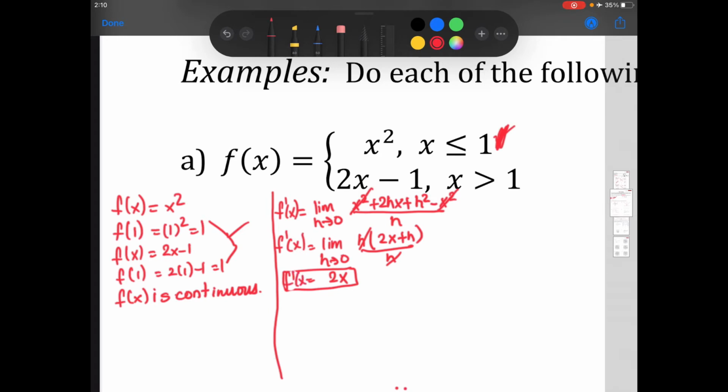F prime of x, or derivative of x, is this. So we got that. Now we want to find the derivative of the other one. I'm going to use the color blue. So f prime of x of this. So you're going to substitute.